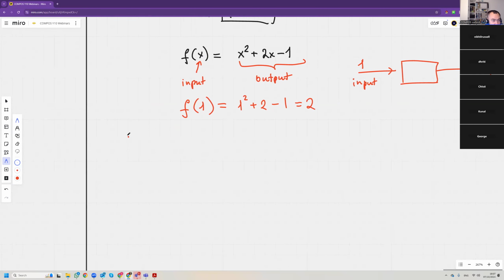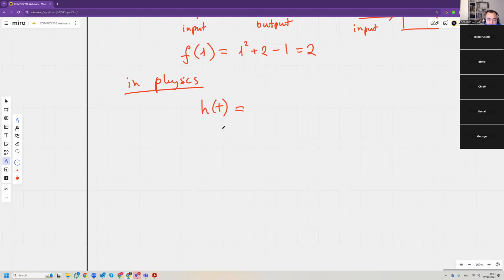In physics, a function, for example, h of t, is a function that tells you the height of an object at any given time. The input is the time, and the output is the height. I hope that makes sense.